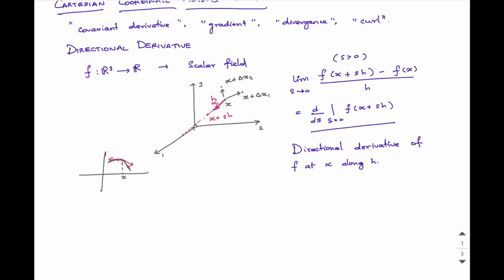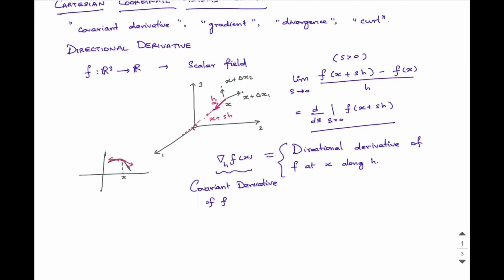And in this case, it's also given a special symbol. I'll use this symbol, the gradient, the nabla symbol, of f along the direction h at x. Okay, and when written like this, it's also called the covariant derivative of f, again at x along the direction h.